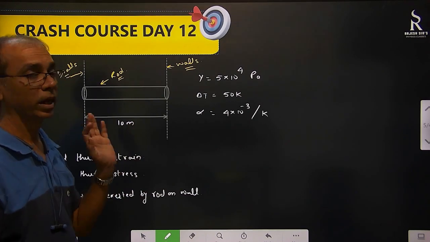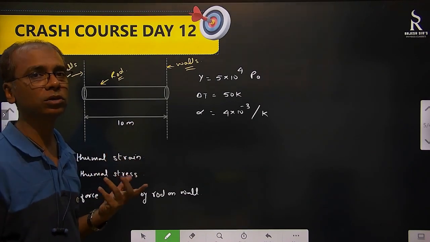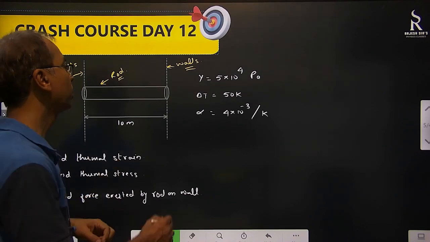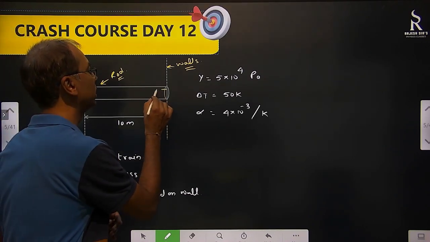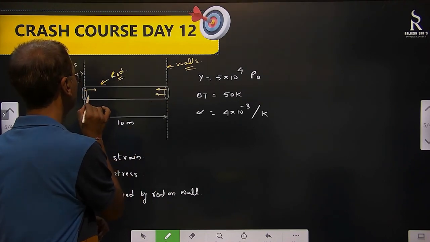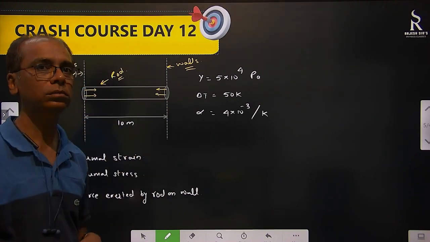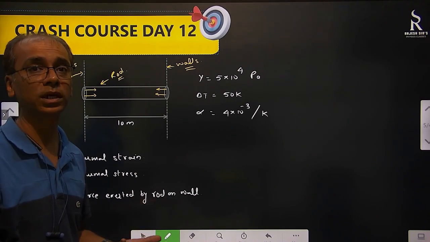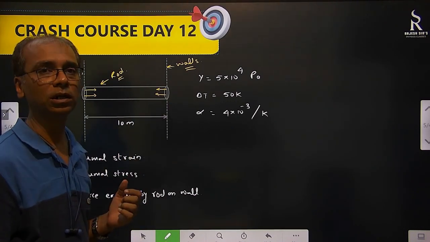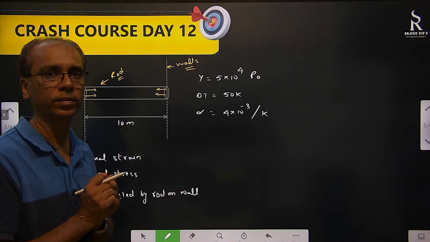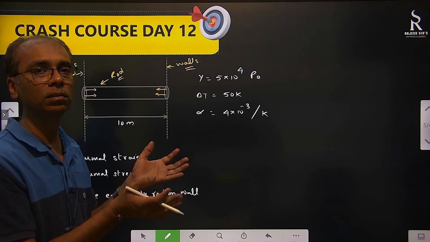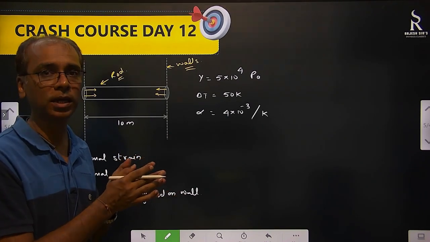What are the concepts of thermal stress and thermal strain? Stress, in general, is the force acting in the opposite direction, which is opposing the increase in length. That is what was creating the stress, the force which was opposing the change in length. That's how it was coming back. Then we studied in elasticity the property due to which it will come back to its original shape and size.